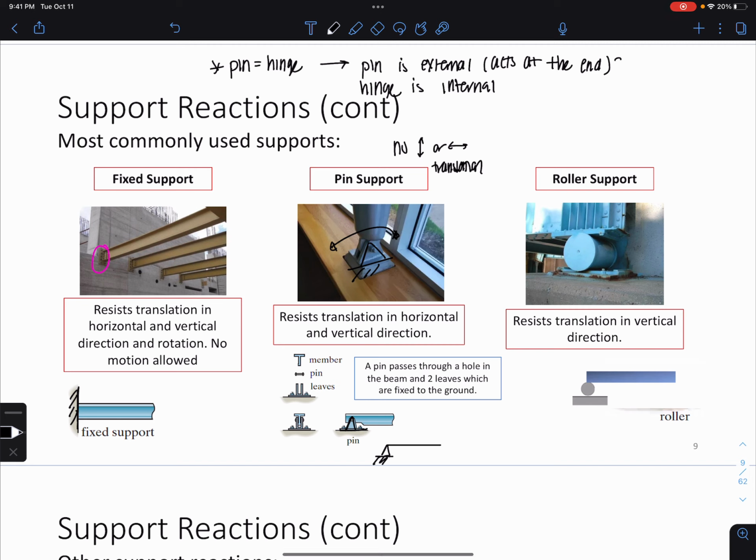They both do not prevent rotation. They allow rotation to happen. But they do prevent translation in X and Y.